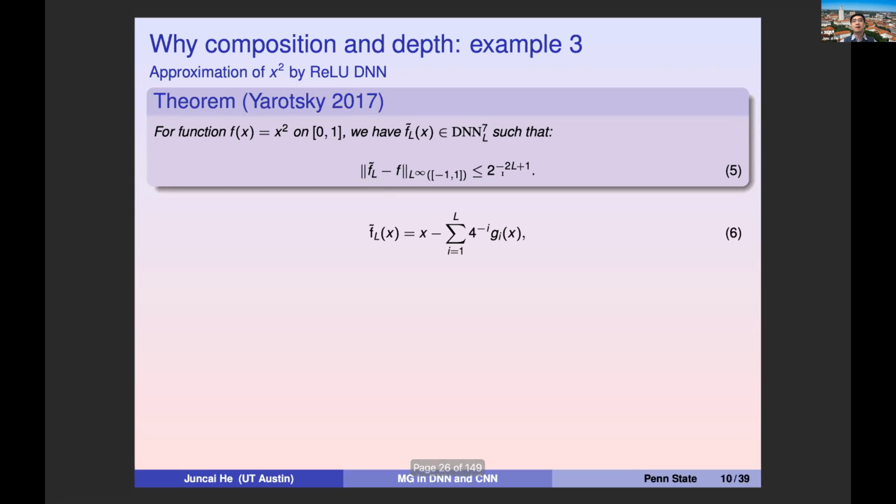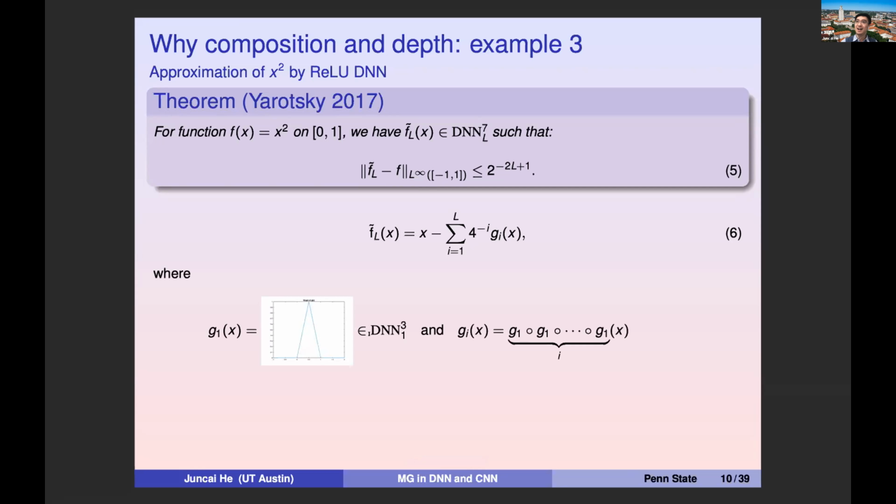So this is the structure of this f tilde, the neural network. This is a linear one, and of course for ReLU you can reproduce linear easily. But here, what is this g_i? Because this is a 1D problem, g_1, which we discussed before, is the hat function, and you can use 3 ReLU neurons to recover it.